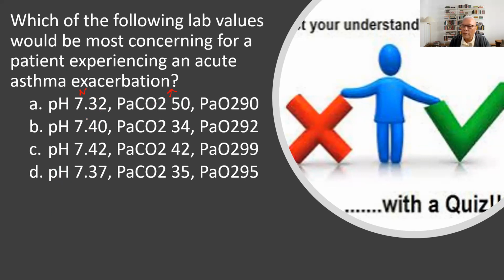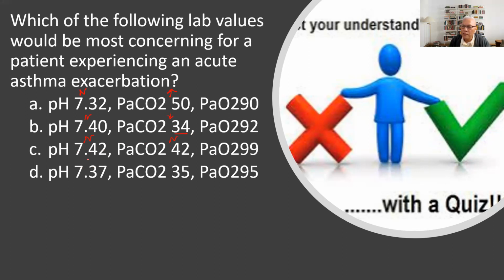A pH of 7.40 is also normal. And the PCO2 of 34 is decreased, which means to say that there is respiratory alkalosis. And pH of 7.42, again, is normal. And the CO2 of 42 is normal.